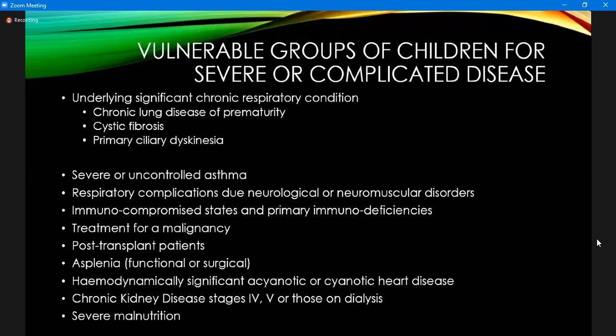Severe or uncontrolled asthma, respiratory complications due to neurological or neuromuscular disorders such as cerebral palsy, immunocompromised states and primary immunodeficiencies, those who are on treatment for malignancies, post-transplant patients, asplenia patients, either functional or surgical, hemodynamically significant cyanotic or acyanotic heart diseases, patients with chronic kidney disease at stages 4 or 5, those who are on dialysis, and also severe malnutrition are taken as vulnerable groups of children for severe or complicated disease.